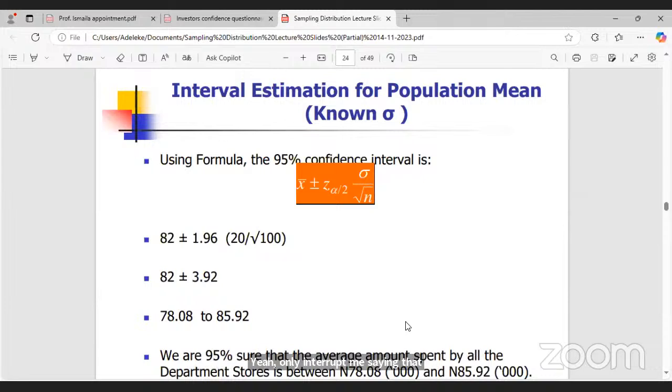So 95% confidence is the same as 5% margin of error. So alpha is 5%, which is the same as 0.05. When you divide it by 2, as you have in the formula, Z alpha over 2, it is the same as Z 0.025. What you are saying there is that you are looking for the value of Z that will produce a probability of 0.025. And that value of Z is minus 1.96.